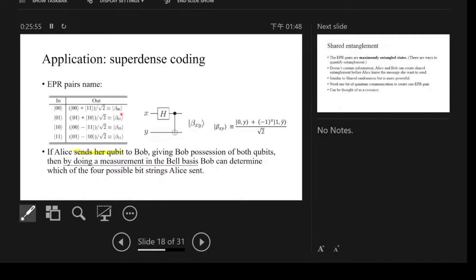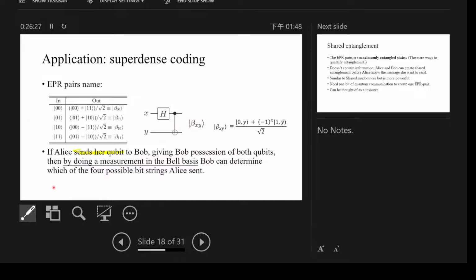Here we have the Bell state notation, sometimes also called beta xy for some xy in 0, 1. So Bob can measure in the Bell basis, and he will know which one of the 4 states was sent, and then he will know which one of the 4 messages Alice had in her mind. So that's superdense coding.